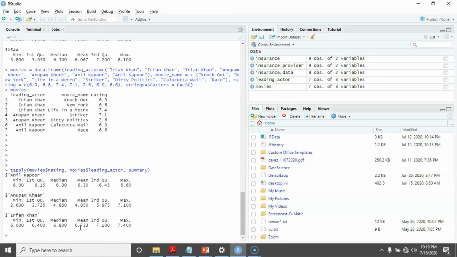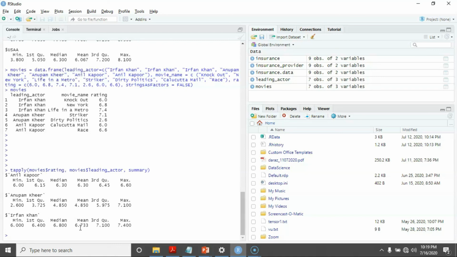So after looking at the three values, minimum, maximum and mean, even though the deviation between the minimum and maximum is relatively more than that of Anil Kapoor, still, if the movie you are going to watch has the minimum rating of Irfan Khan, it will be 6.0.